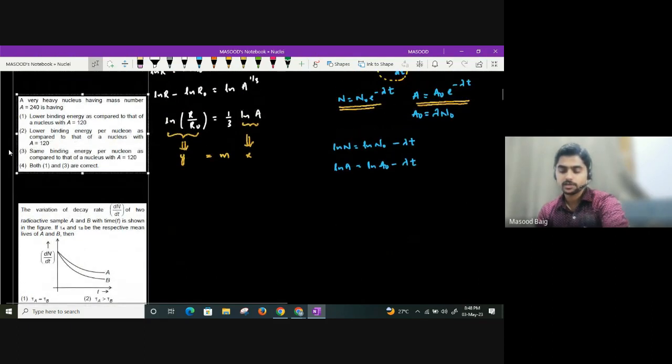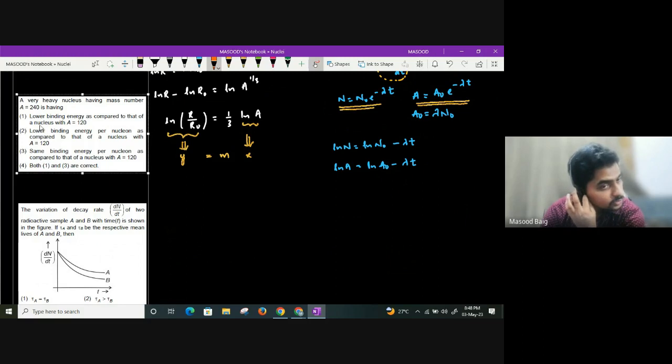Then a very heavy nucleus has a mass number of 240, right? It has a lower binding energy as compared to that of a nucleus of 120. Lower binding energy per nucleon as compared to that of a nucleus of 120. 240 is which nuclei? Heavy nuclei or not? So what we can consider, beta?